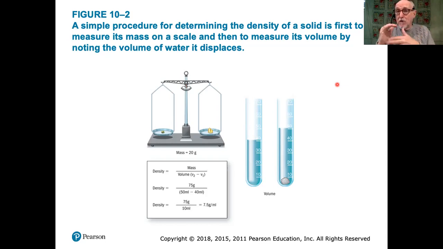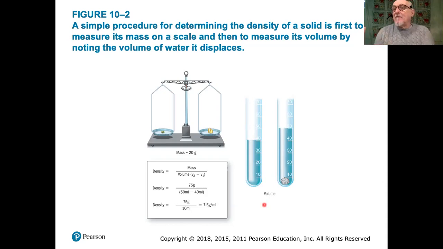Because we know 1 cubic centimeter of water, at 4 degrees Celsius, is 1 gram. We end up with a measure of the amount of mass, grams per milliliter of volume.